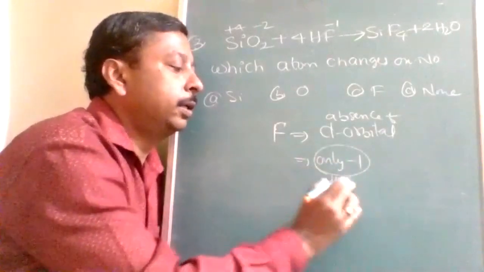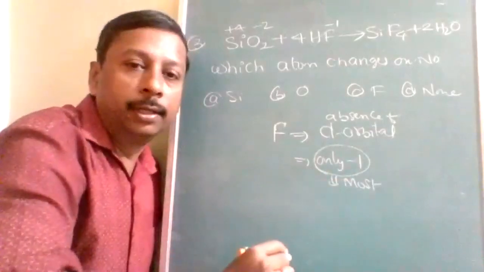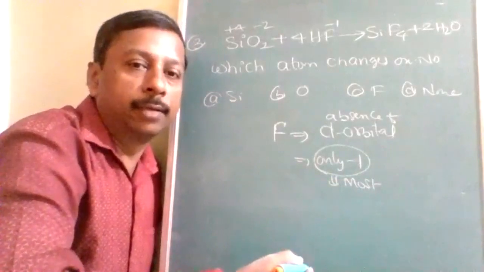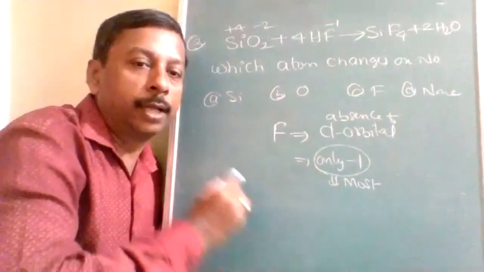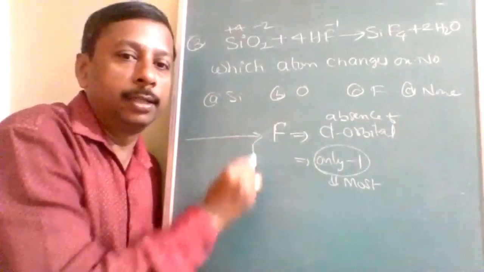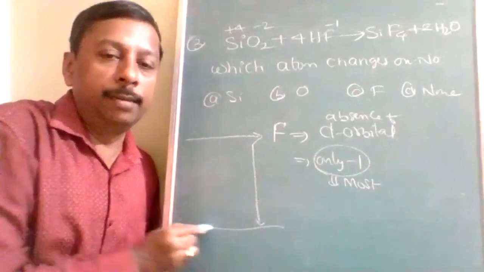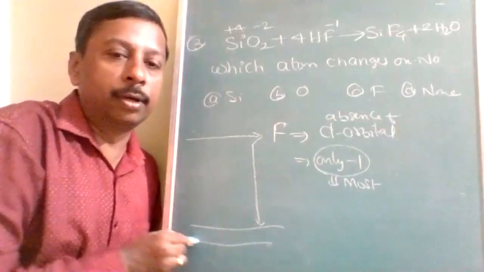Because it is the most electronegative. There is no element as of now, and no such element is going to be discovered either, because electronegativity increases from left to right and decreases from top to bottom. So newly discovered elements are going to be placed at the bottom.